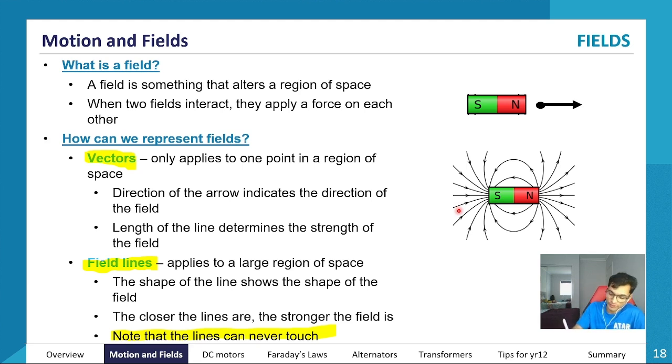So for this magnet, for example, if I were to introduce a bunch of extra lines like this, this magnetic field is a lot stronger. I've just, because of space, crossed the field lines. But if you were to do this properly in an exam setting or SAC setting, make sure you're not crossing any field lines. So the more field lines you have and the longer they are, the stronger the field is.